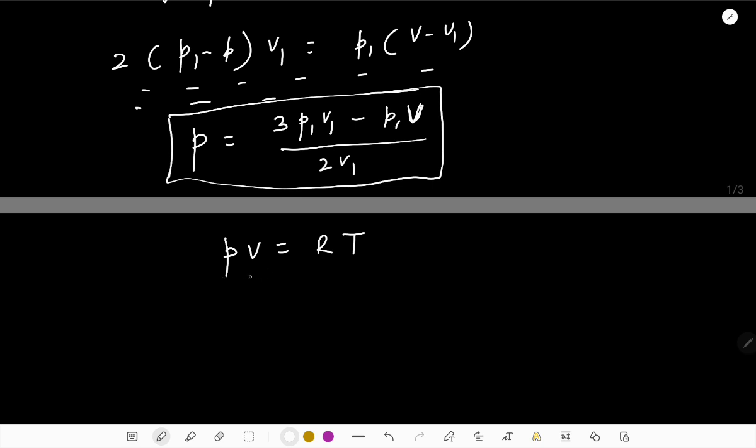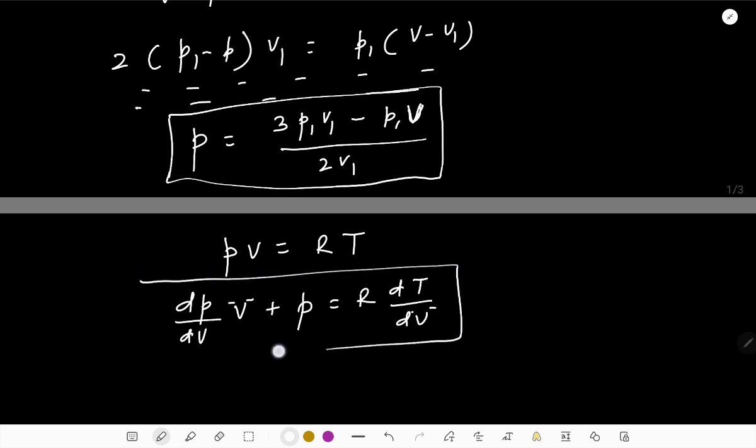And if I differentiate both sides with respect to V, it will become dP by dV multiplied by V, plus P, because dV by dV becomes 1, equals R dT upon dV. I can write it like this. And this is one more statement perhaps we will need in future.